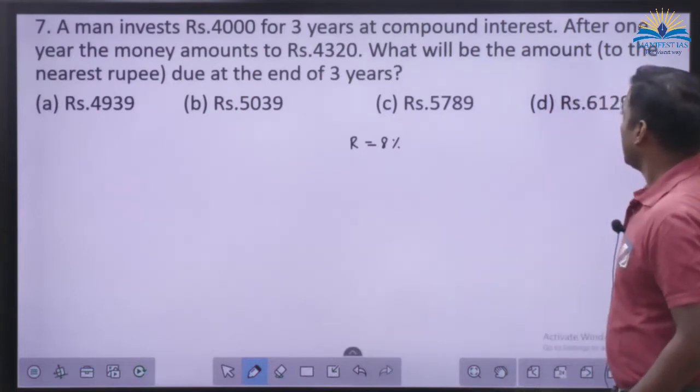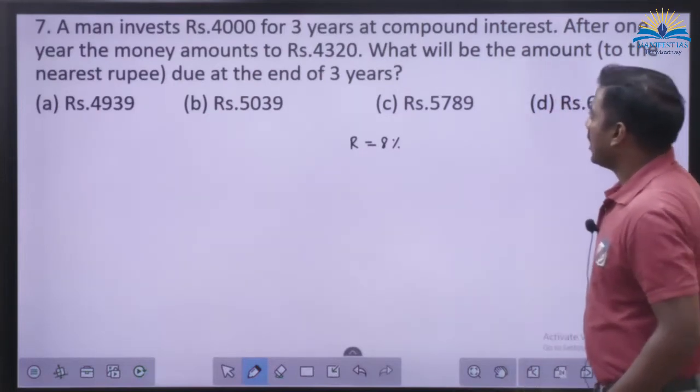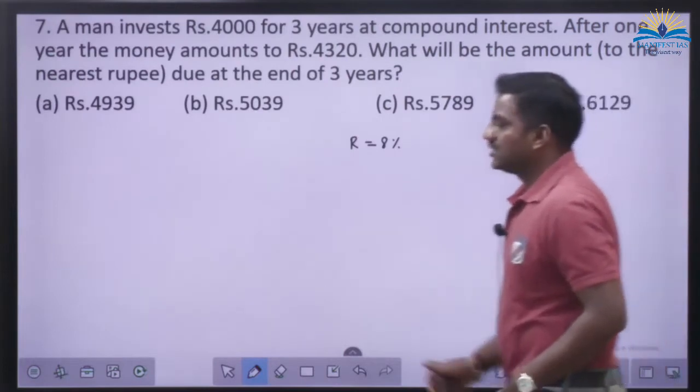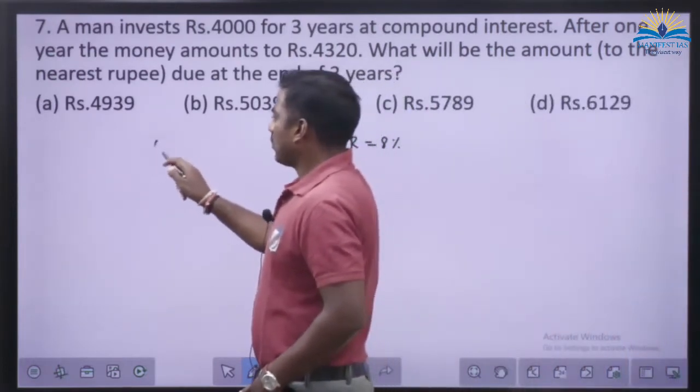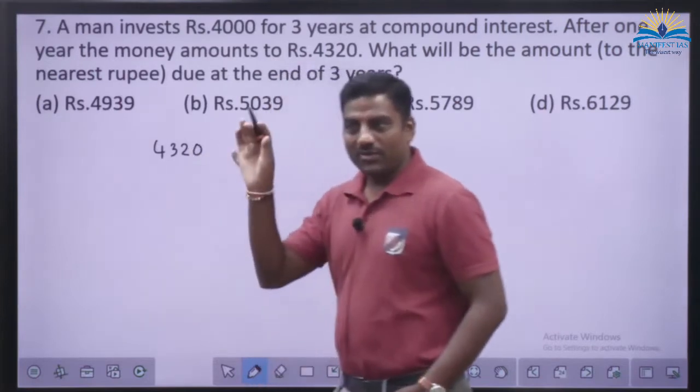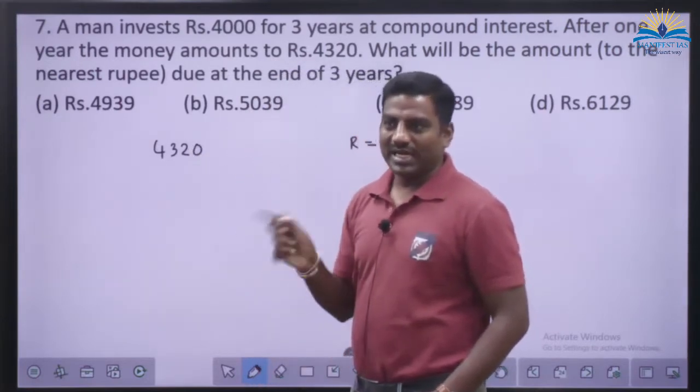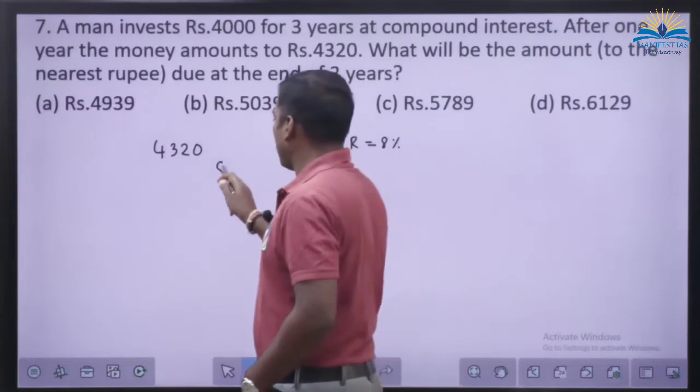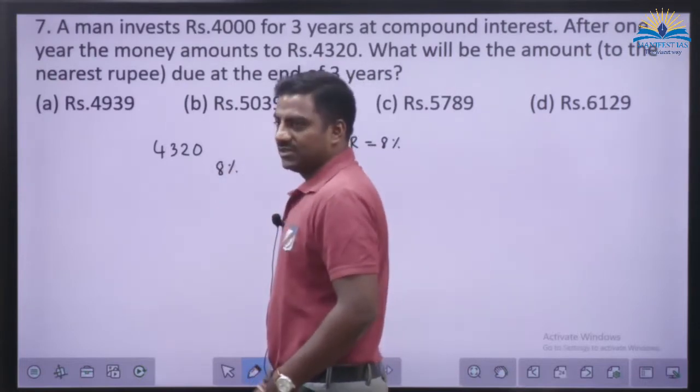Now, they are asking what will be the amount at the end of 3 years. So 8%. The first year we have calculated 4,320. Again, don't calculate this from 4,000 and 8% again. Don't do that. Now, second year, 8% of this.